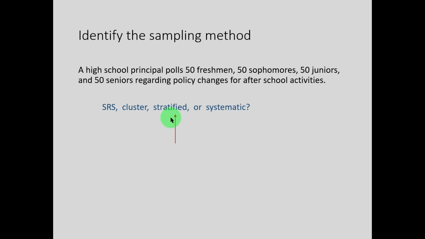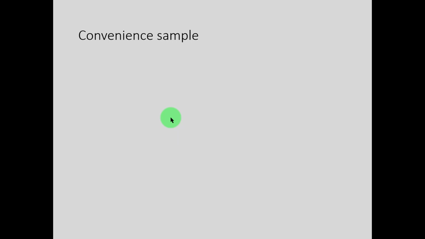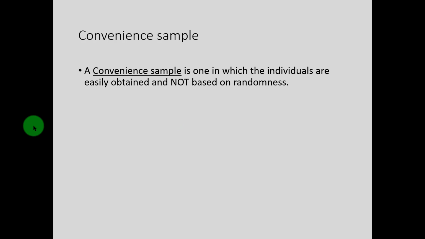Sweet. Okay, let's look at one more method, but this is not a random sampling method. This is a convenience sample. A convenience sample is one in which the sample is obtained easily and not based on any random procedure.